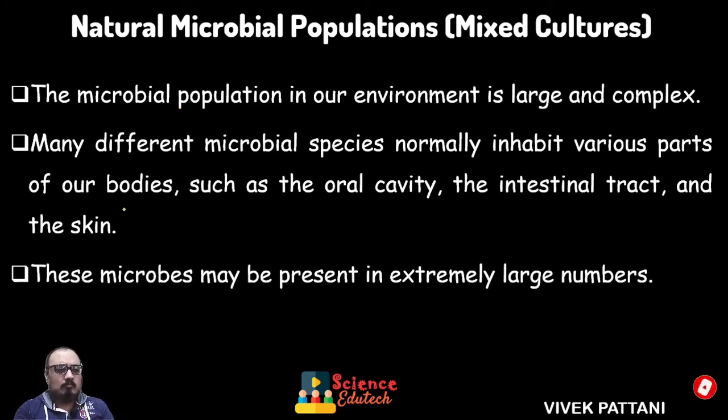So many different microbial species normally inhabit various parts of our body also, such as the oral cavity, intestinal tract, as well as skin, and also the soil, trees, water bodies, etc. There are numerous examples, and these microbes are present in extremely huge numbers.